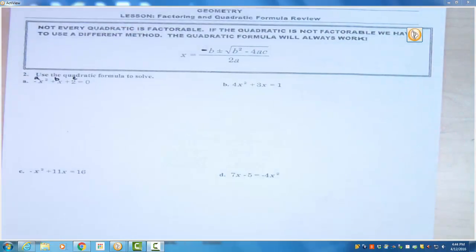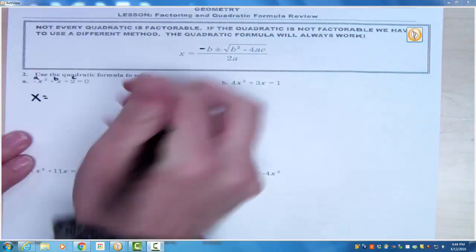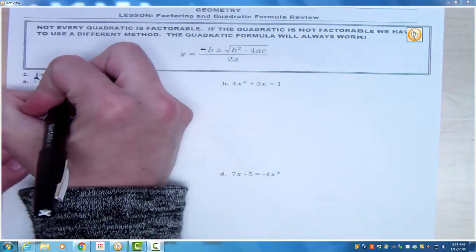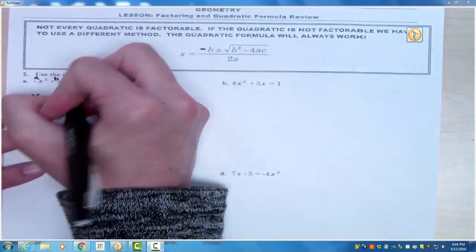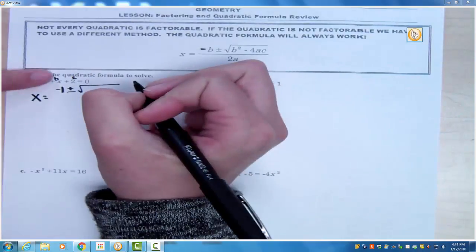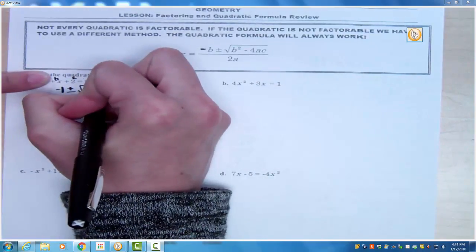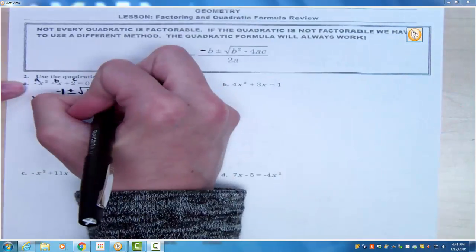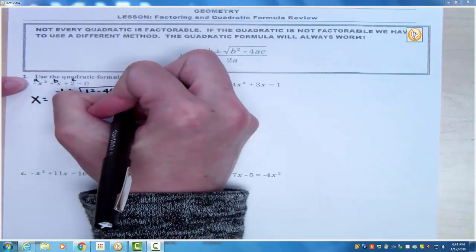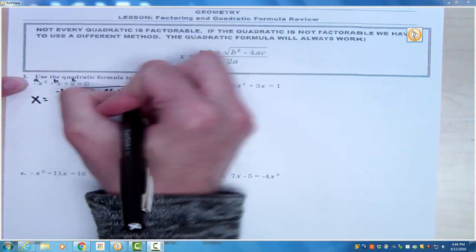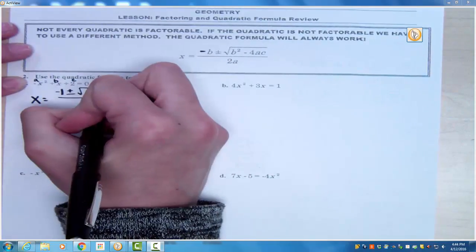So I'm just going to use that formula. x equals negative b, well, b is 1, so negative 1 plus or minus the square root of b squared, so that's 1 squared, minus 4 times a, which is negative 1, times c, which is 2. And then that whole thing over 2a.